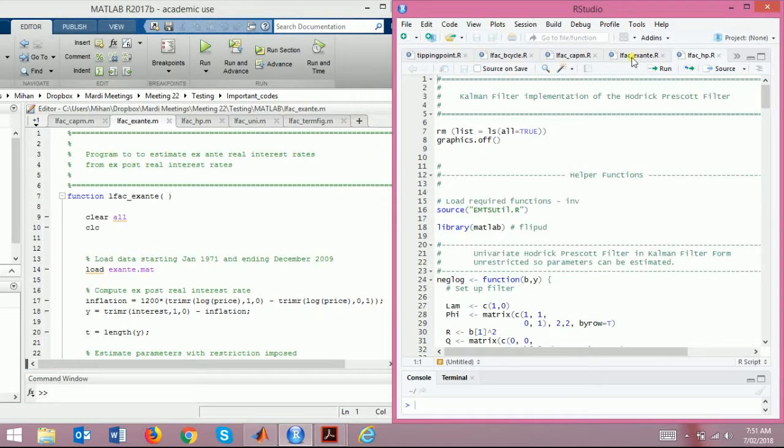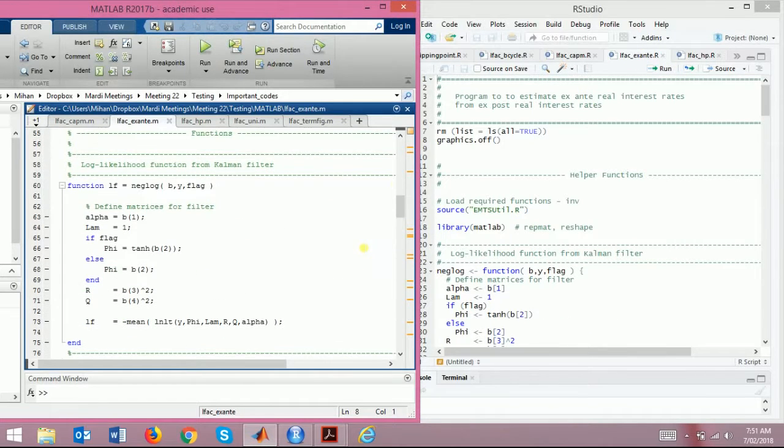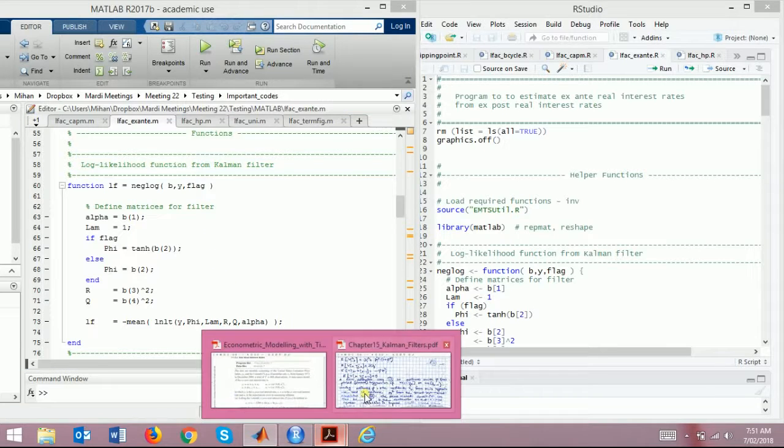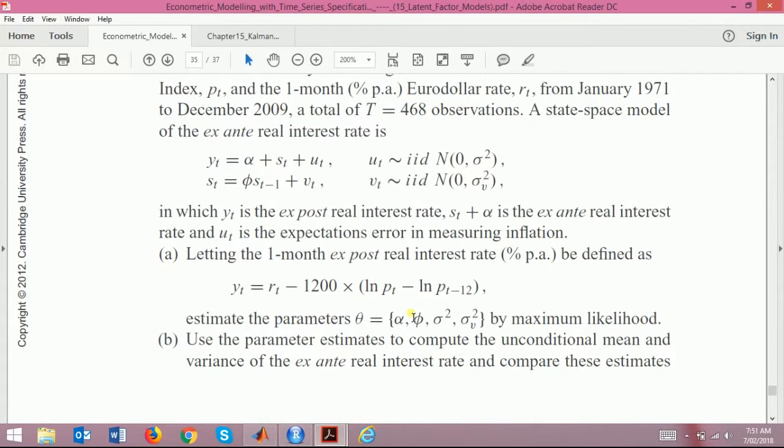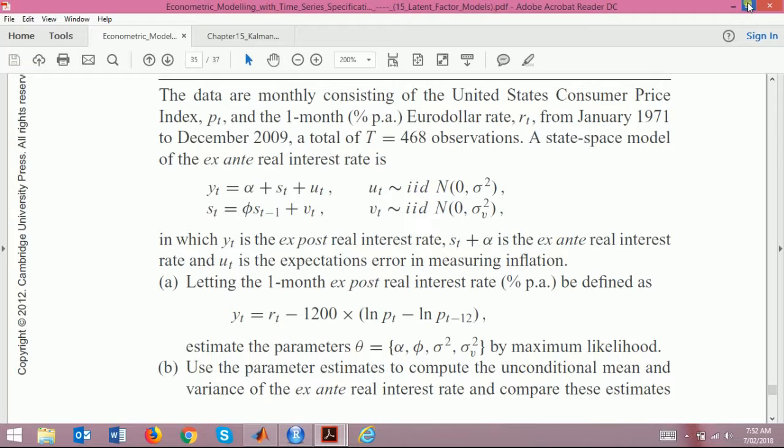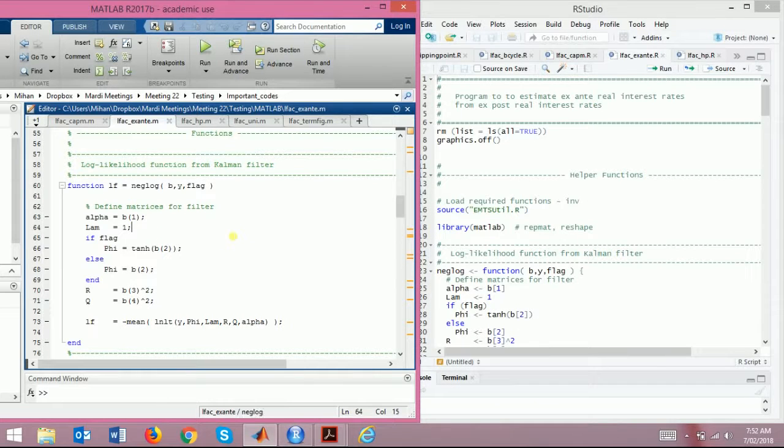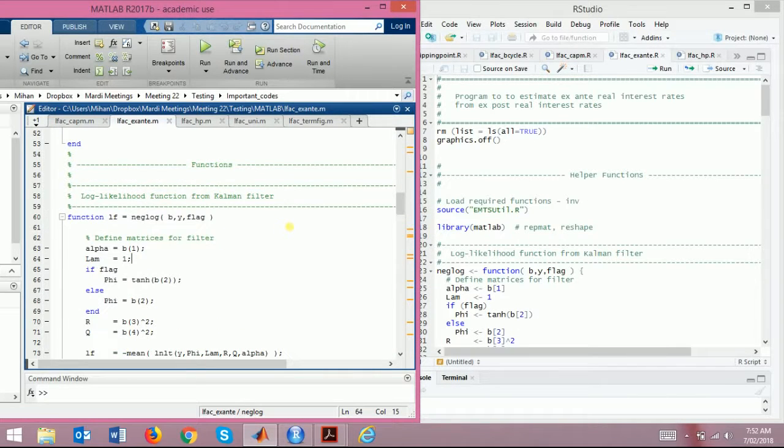Okay. So obviously this problem will start with the log likelihood function. What are we looking for here? We're looking for parameters to estimate: alpha, phi, sigma square v, and we have both conditional and unconditional.